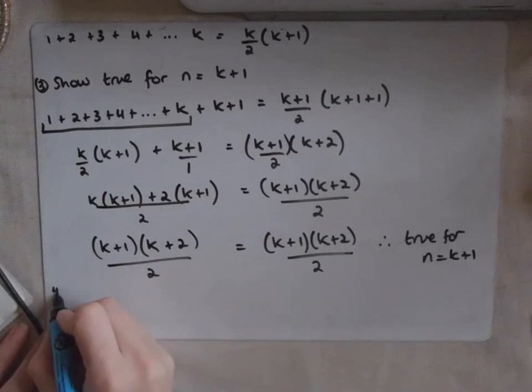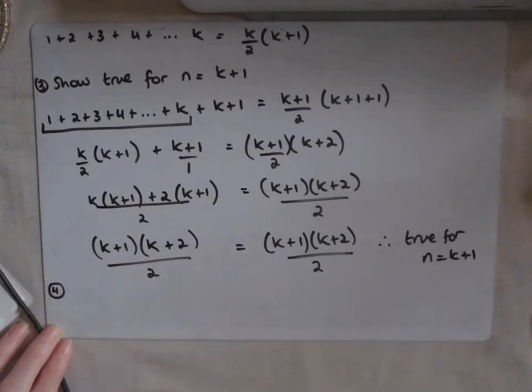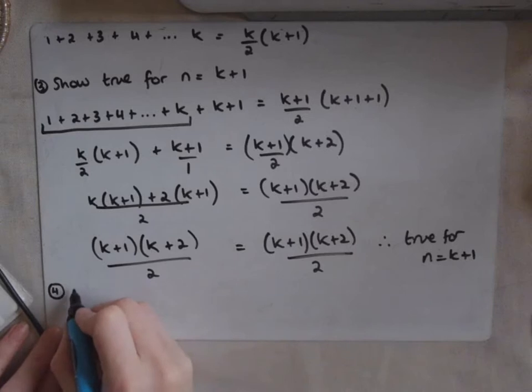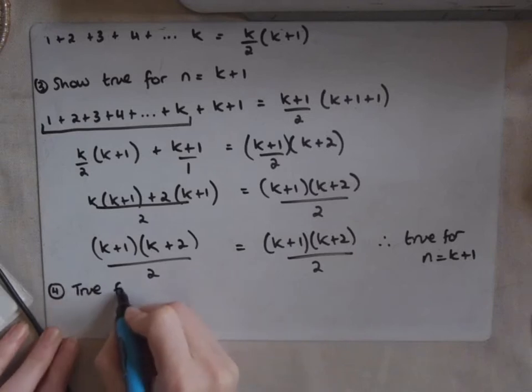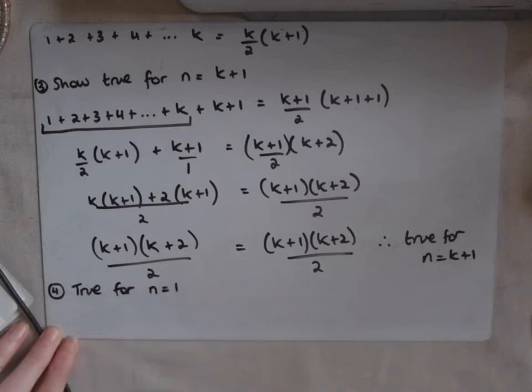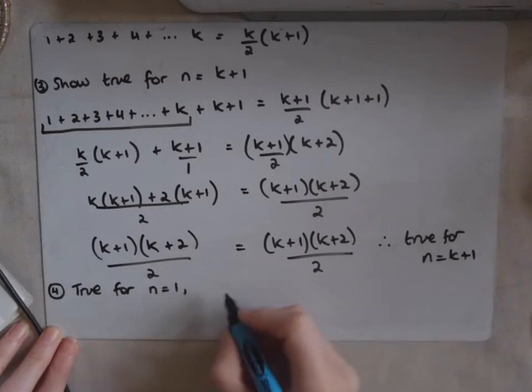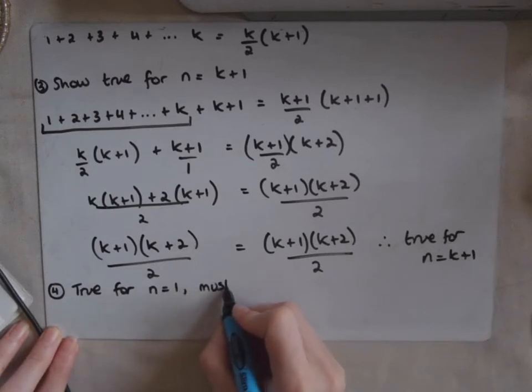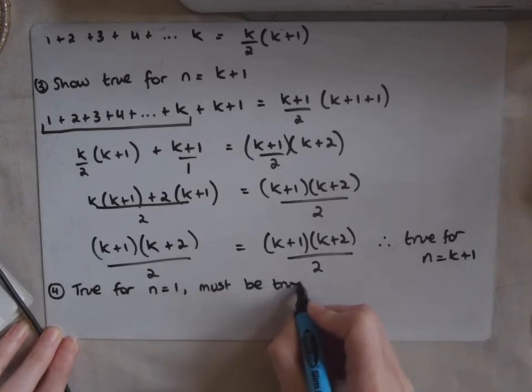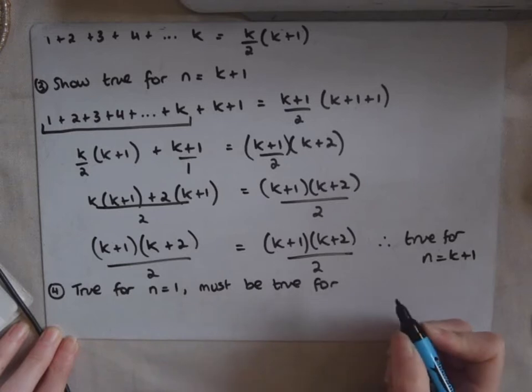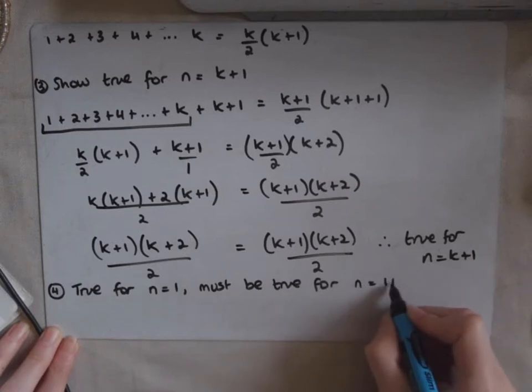So this is number 4. So my steps 1, 2, 3, and then 4 is you learn off the words, okay? So true for n is equal to 1. Therefore, it must be true for n is equal to 1 plus 1.